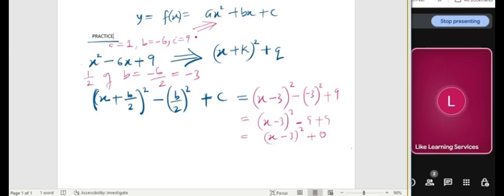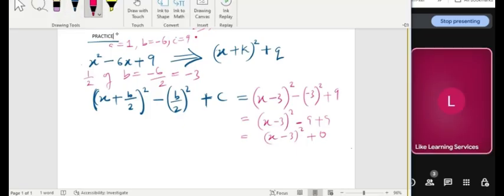So of course, whenever you do this, you will need to compare it with all of this.